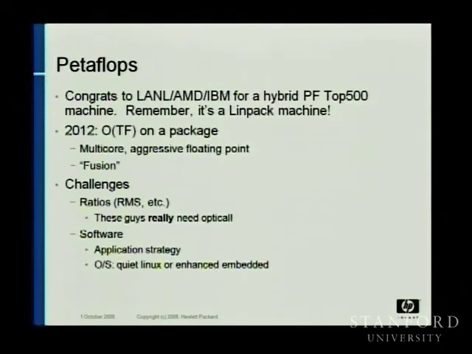Intel had a program called RMS, Recognition, Mining, and Synthesis, which was essentially: I have a solution, let's go find some problems. I have a chip whose ratios are skewed a lot more towards flops and away from bandwidth. What can I do with that chip? The other answer is perhaps just let the software guys figure it out. They'll figure out how to use it.